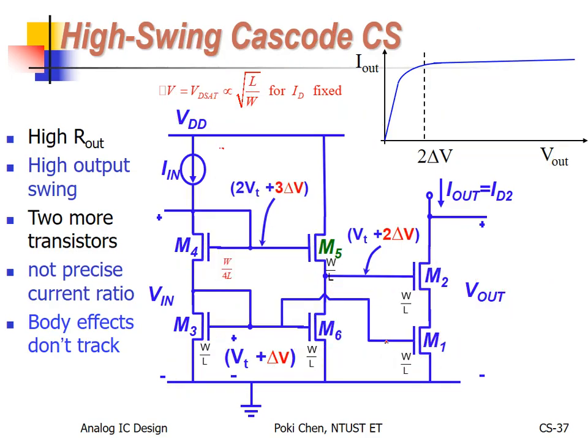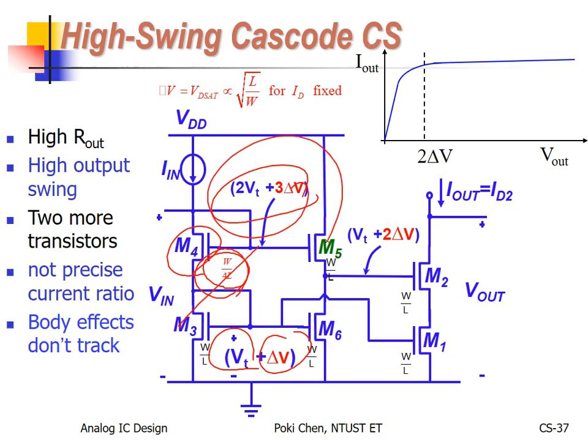All right, so here I highlight the aspect ratio for you: W over 4L to make 2 delta V for M4. We have 1 VT, 1 delta V, and here 1 VT, 2 delta V. Totally, we have 2 VT, 3 delta V configurations. Piece of cake. All right, that's it.